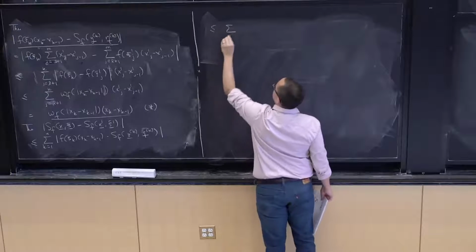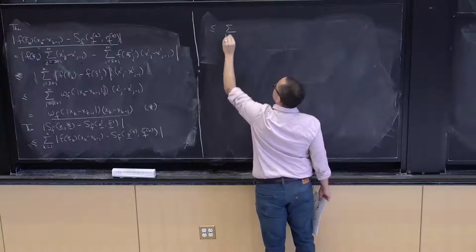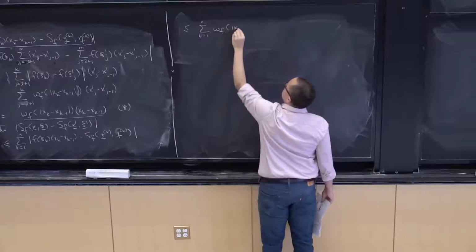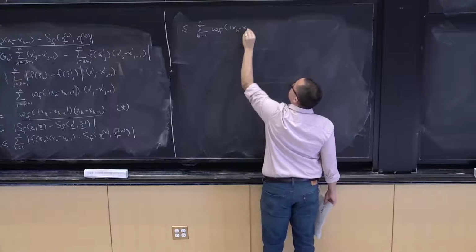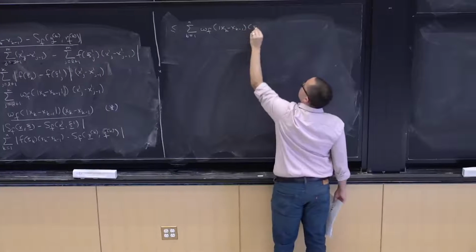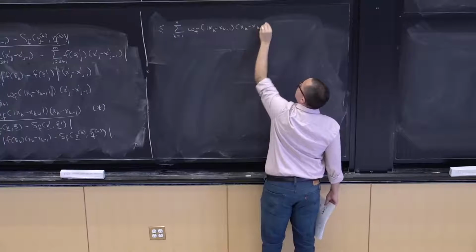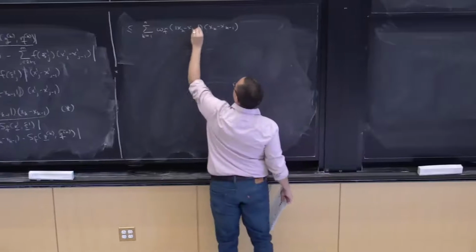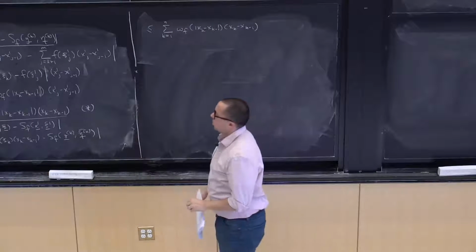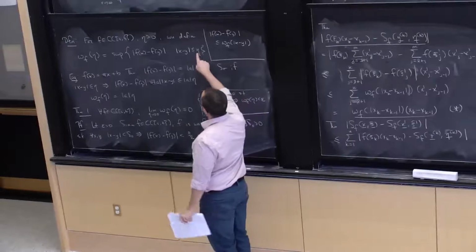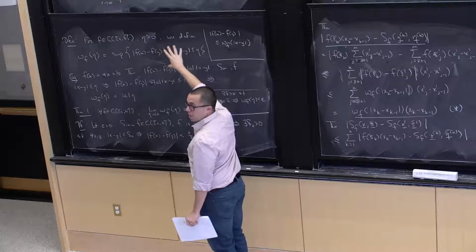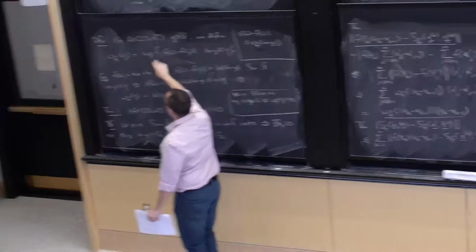Less than or equal to the sum from k equals 1 to n of omega f of x_k minus x_{k-1}, times x_k minus x_{k-1}. Now, another thing you should notice about the modulus of continuity is that if I have something here and then something bigger, this set gets bigger, and therefore this sup gets bigger.